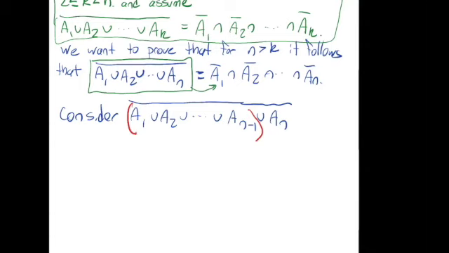But maybe let's think about it like this. Just going to use De Morgan's law to rewrite it. Basically, yeah, that's right. So let me just introduce some set X, which is equal to that.